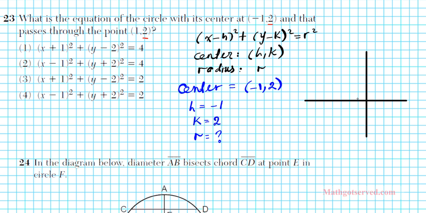Center is at negative 1 and 2. And then it goes through the point 1, 2. So it goes through this point. Do you see what the circle looks like based on this given information? This is the center, so just draw a circle. Bam, there you go. Now, can you see what the length of the radius is?